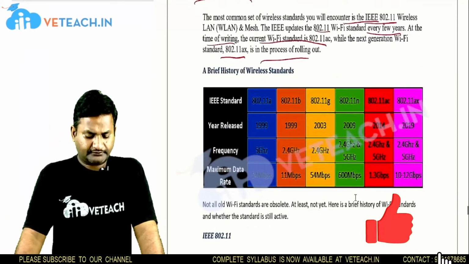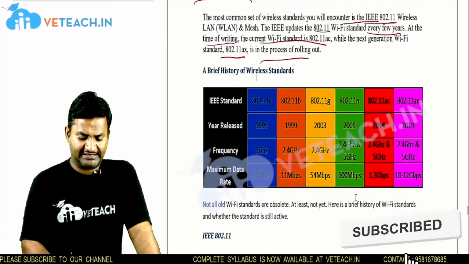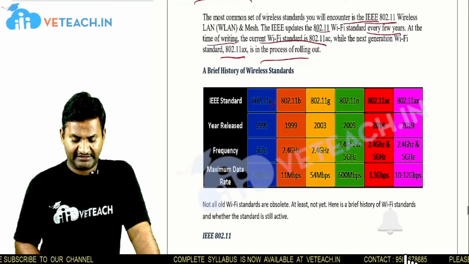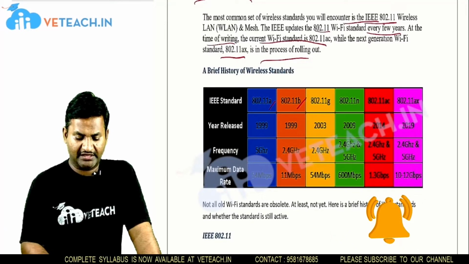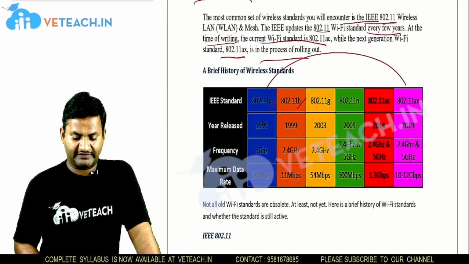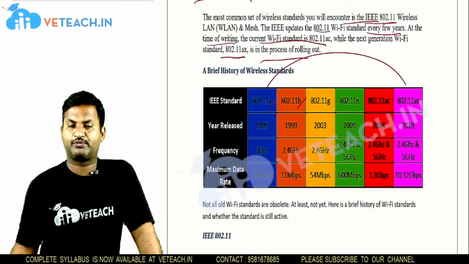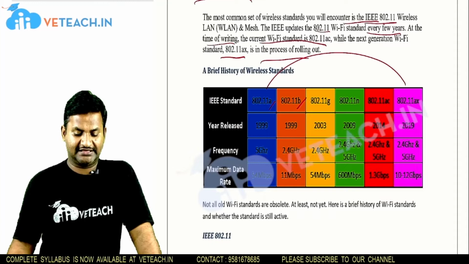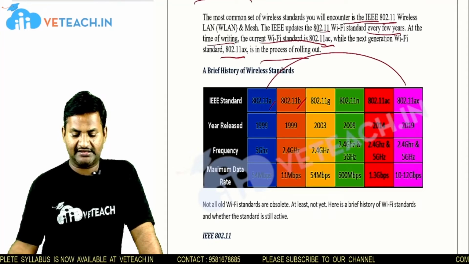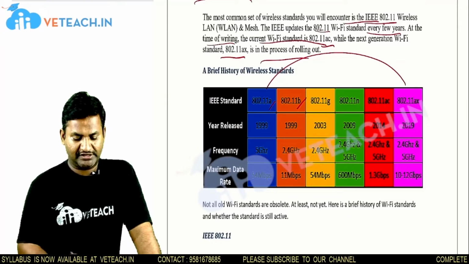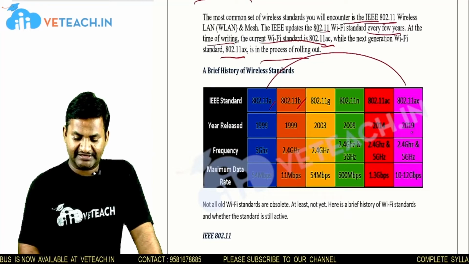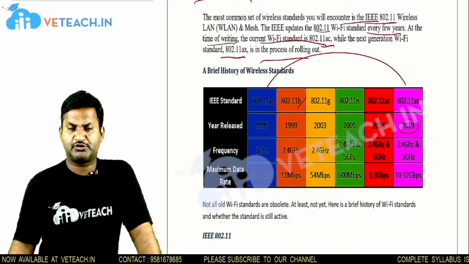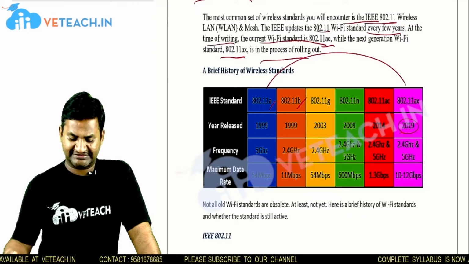The IEEE standards run from 802.11a, 802.11b, up to 802.11ax. Initially it was AC, then it comes to AX. As of 2019, the latest version is 802.11ax.